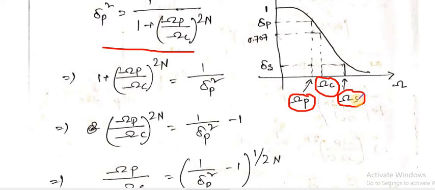Priority means which frequency is sacred. Suppose I say design a digital filter having a passband frequency of 2 kHz and a stop band frequency of 6 kHz. It means that the filter will attenuate all the frequencies above 2 kHz, and pass all the frequencies below 2 kHz.